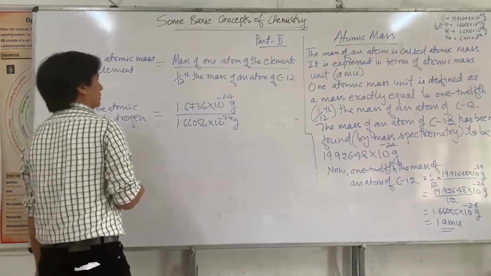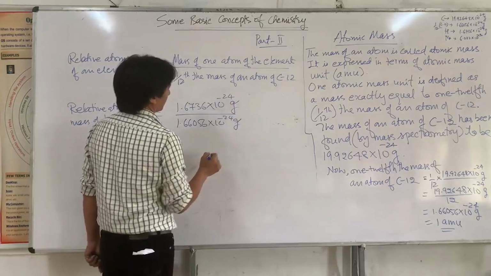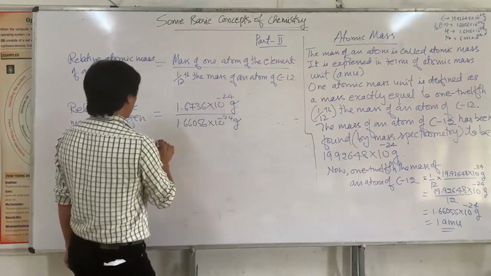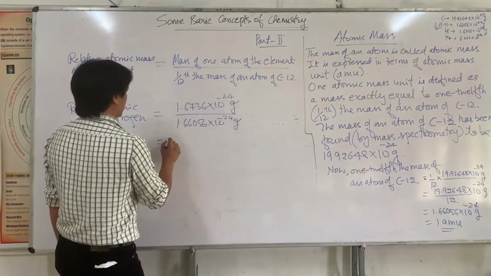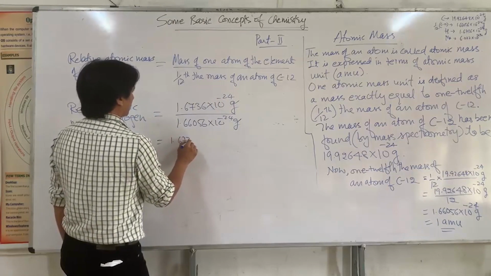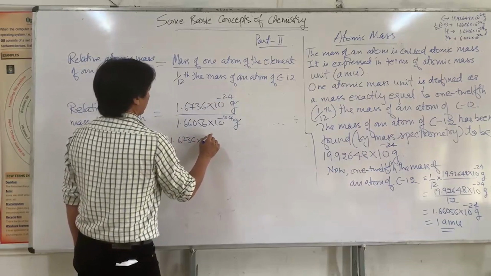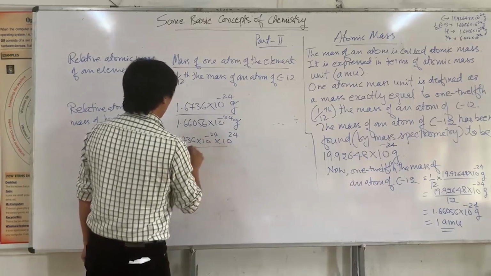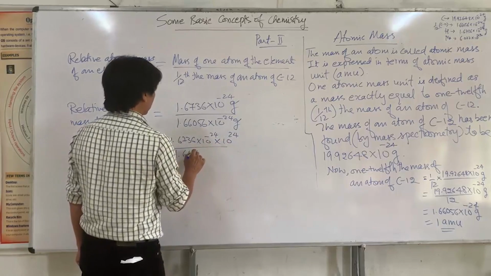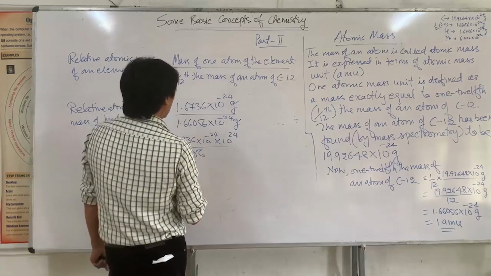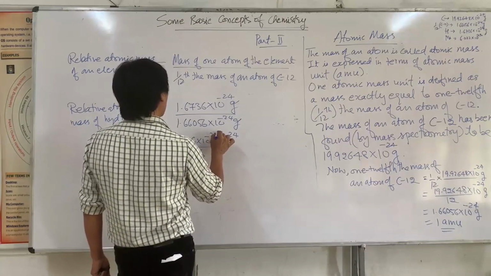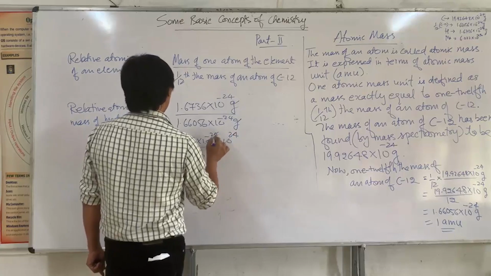Now when you simplify this expression, gram and gram will get cancelled. Negative 24, when you take it on top, it becomes positive 24, so they get cancelled. So it is 1.6736 divided by 1.66056.